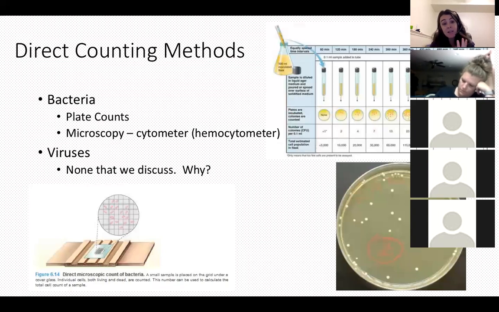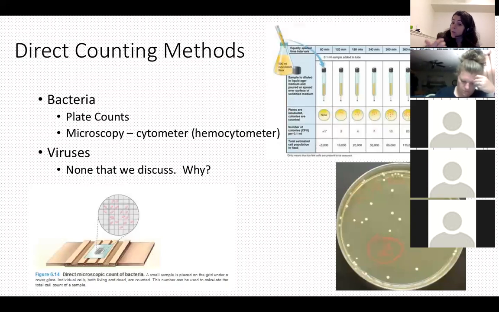Okay, so for bacteria, if we're trying to figure out how many bacteria we have, we can either use direct counting methods, or we can use indirect counting methods. So if we're using a direct counting method, we're actually physically counting bacterial cells. So we can do this through two different ways. We can do plate counts, or we can do it through microscopy. So for microscopy, we have this slide called a cytometer, and it's a special slide that has microscopic grids etched into the slide.